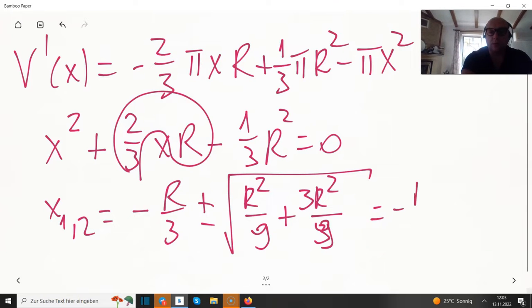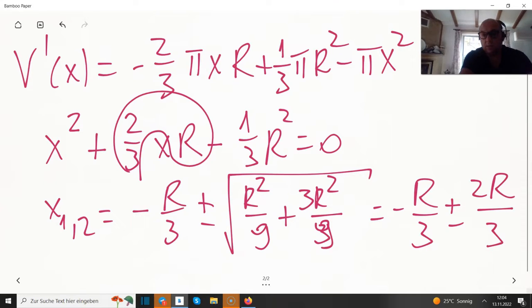So there you go, we get minus R thirds plus minus, this is 4R squared. If you take the square root, it is 2R divided by 3. So of course, the negative value minus R minus 2R divided by 3 is gone. We just don't need it. As I mentioned previously, we consider only positive values. So the only value which is interesting for us is R thirds.